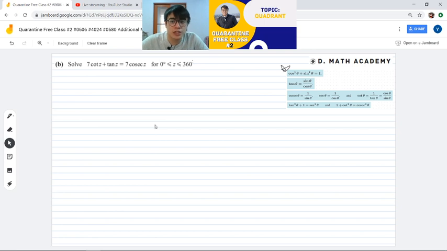And for this question here, I will be changing it into cosine over sine. And for tangent, I change it into sine over cosine. The 7 over there can be written as 7 over 1 over sine.